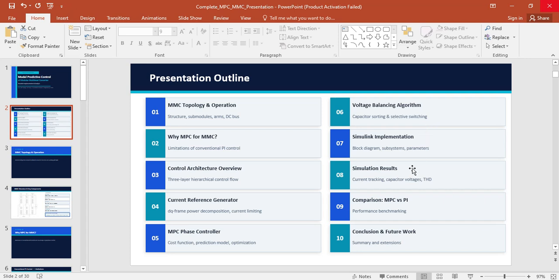We'll compare the performance of both controls, and we'll conclude and discuss the future works available that you can follow.